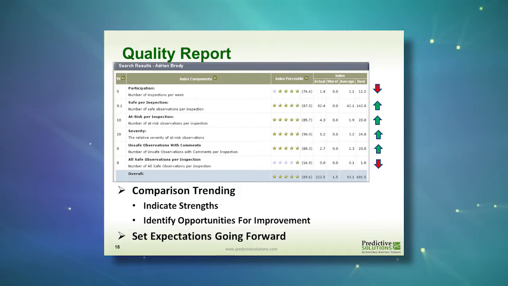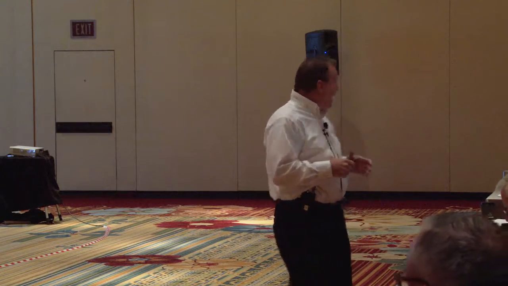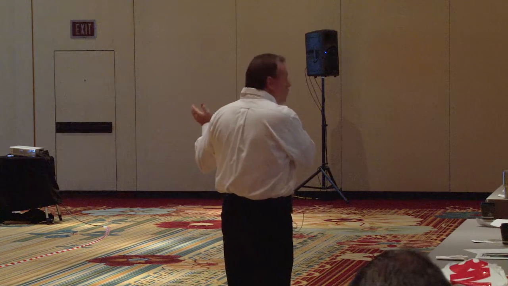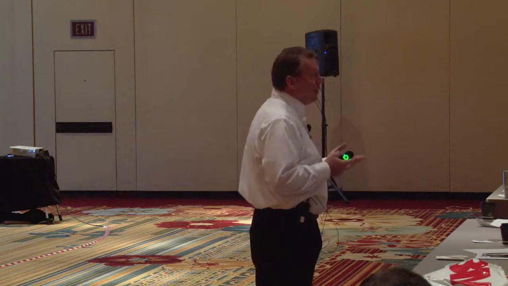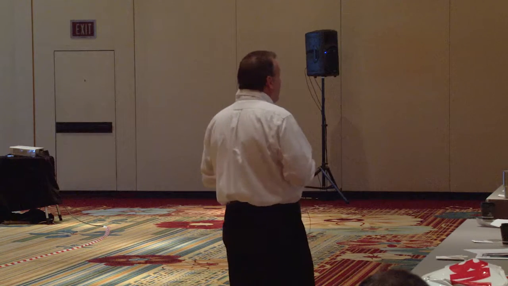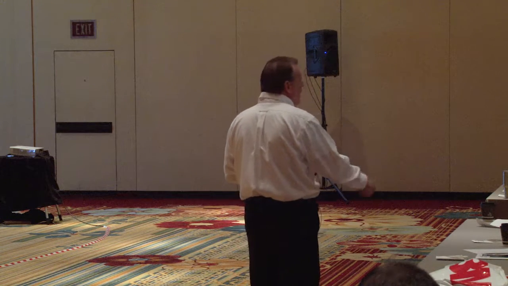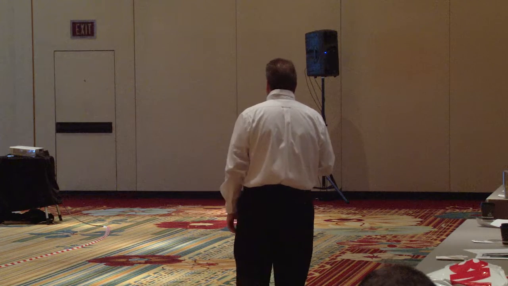How many safe per inspection? How many unsafe per inspection? How many comments with your unsafes and the frequency of your all safe? And the arrows represent how you improved or not over time, so you can take a look at where you were, coach, and then measure the progress, right?